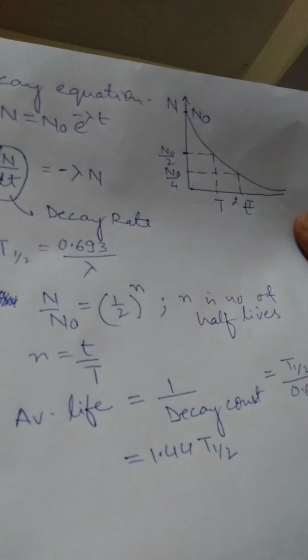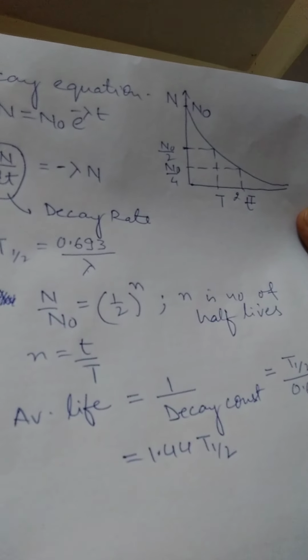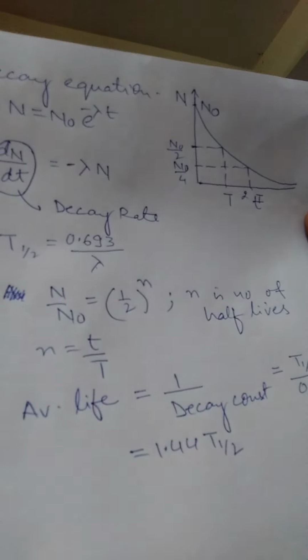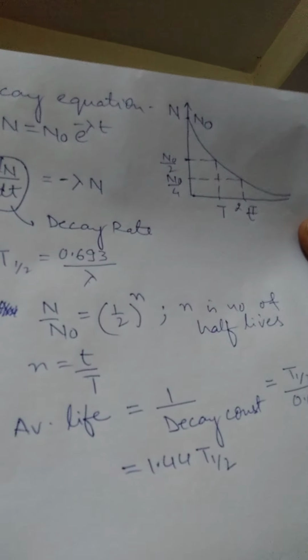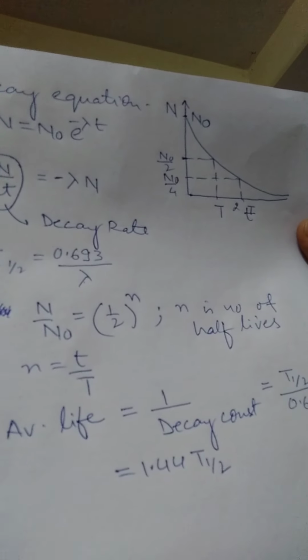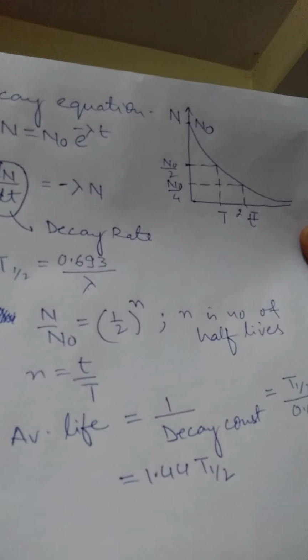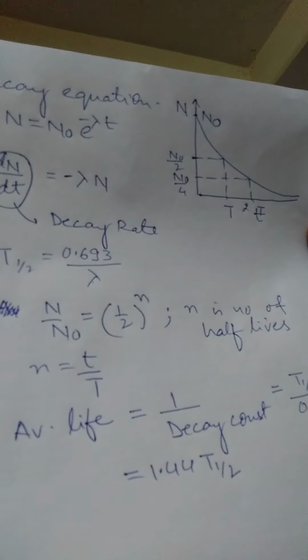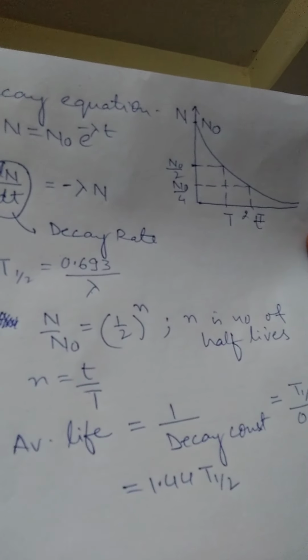So it has become now 1 by 2 to the power 2 is equal to 1 by 2 to the power n. So n is equal to 2. Small n is equal to 2. Capital T is given 60. So small t is equal to 120 days. So after 120 days, number of atom left will be 1 by 4.